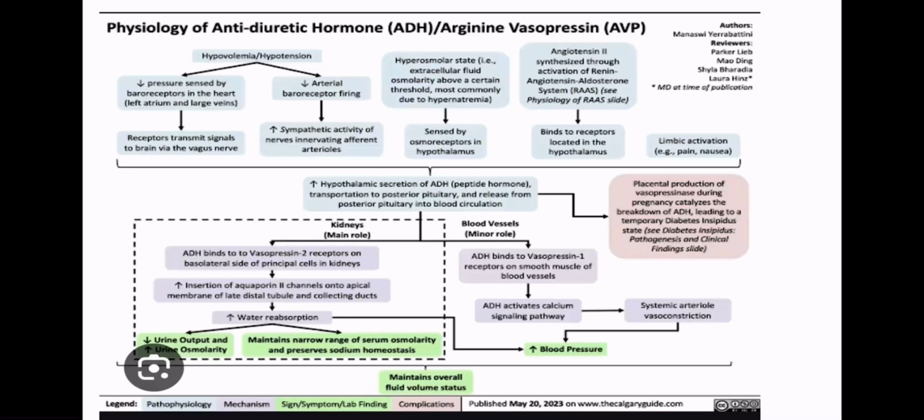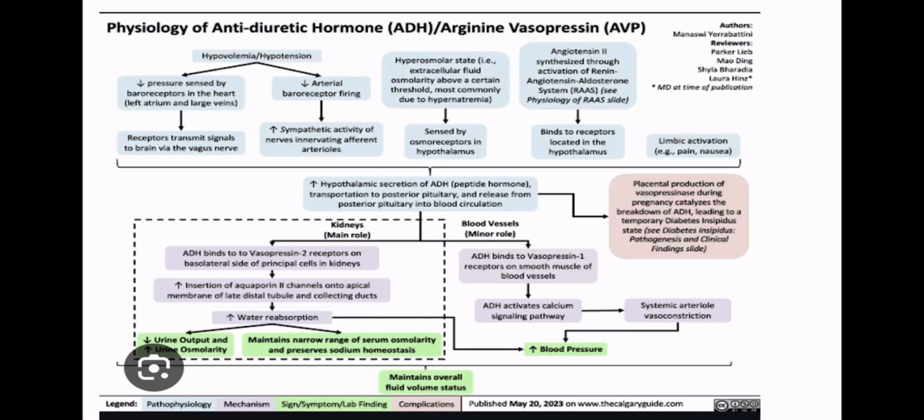As a result, there will be increased hypothalamic secretion of ADH, transportation to the posterior pituitary and release into the blood circulation. In the blood vessel, it binds to the vasopressin 1 receptors on the smooth muscles of the blood vessels. ADH will activate the calcium signaling pathway and there will be systemic arterial vasoconstriction.